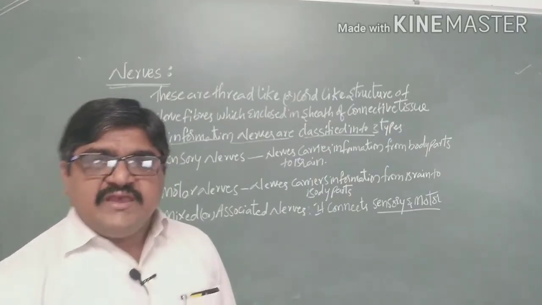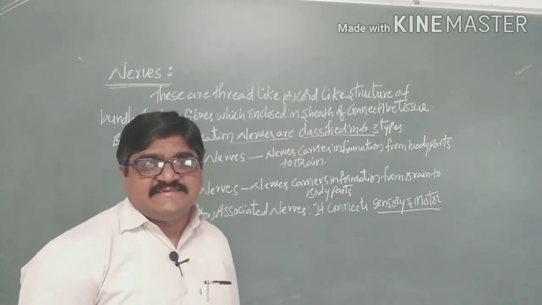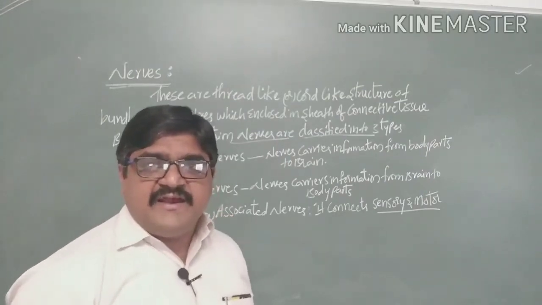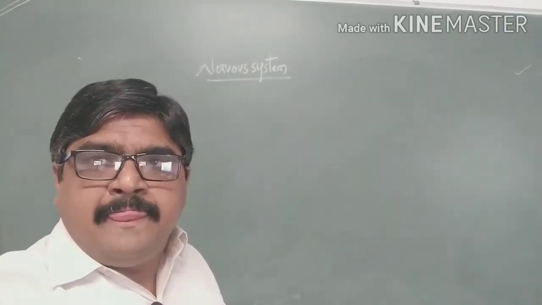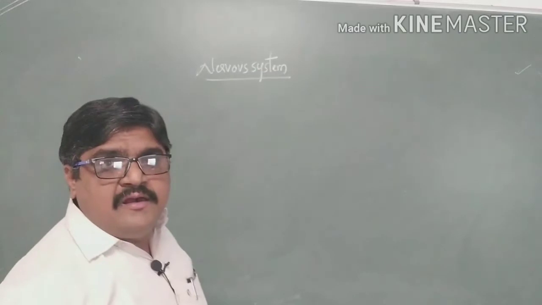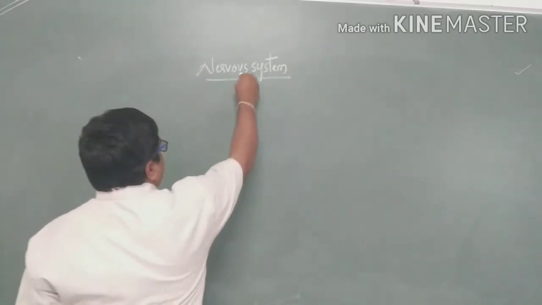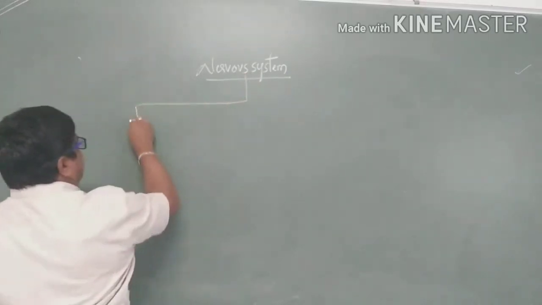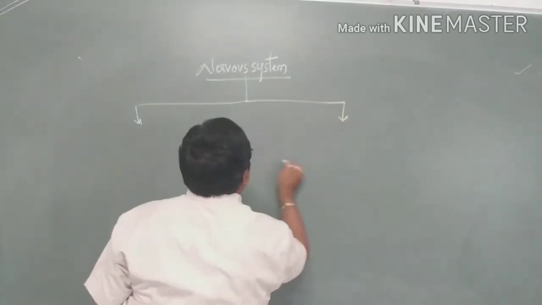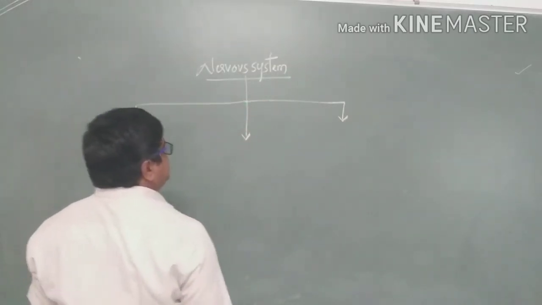Now coming to the classification of the nervous system. How the nervous system is classified will now be discussed. The nervous system is mainly classified into three regions.